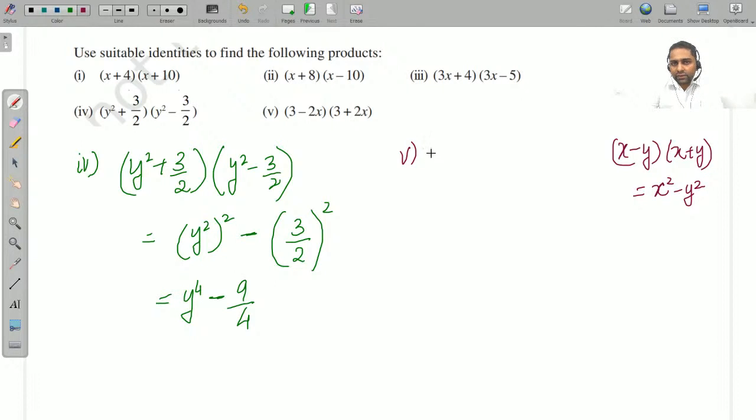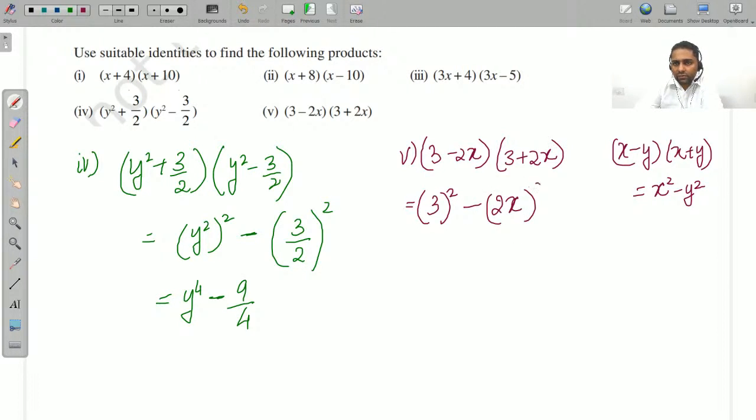So what is x over here in 3 minus 2x times 3 plus 2x? x is your 3, and y square is twice of x whole square. It comes out to be 9 minus 4x square.